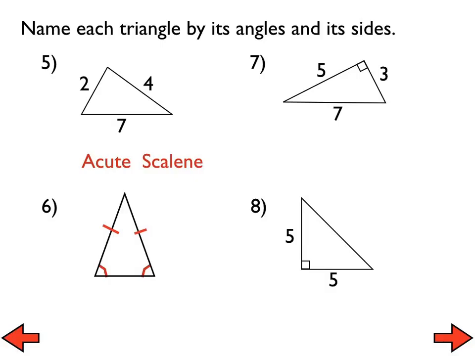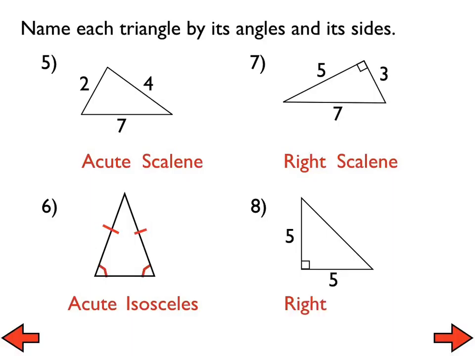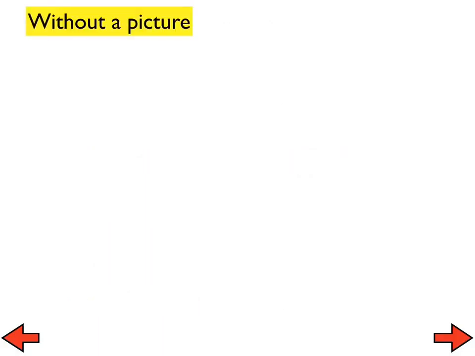Moses. Very good. Acute isosceles. Right scalene. Very good. And number 8. Nicole? Right isosceles. Any questions about classification? All good now, right? Then let's move on.